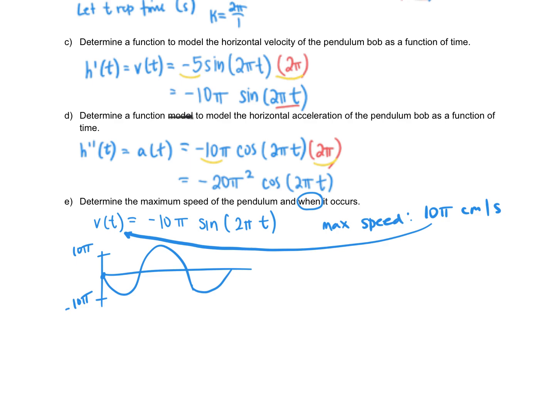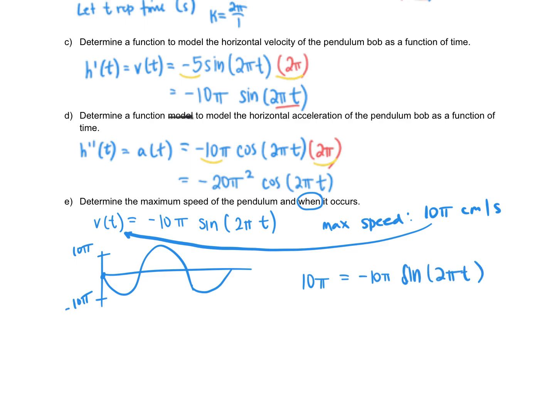Now, again, if I didn't recognize this velocity function as a generic sinusoidal function and I couldn't see the maximum there, I could use the derivative of velocity, set it equal to 0, and solve for those optimal values. But since we do have this connection, I'm just going to set velocity equal to 10 pi and solve.